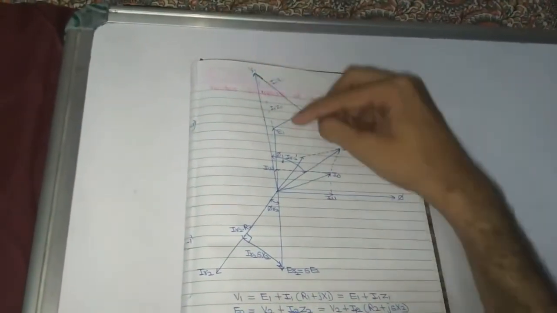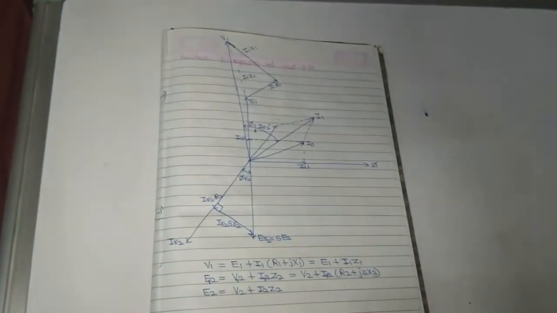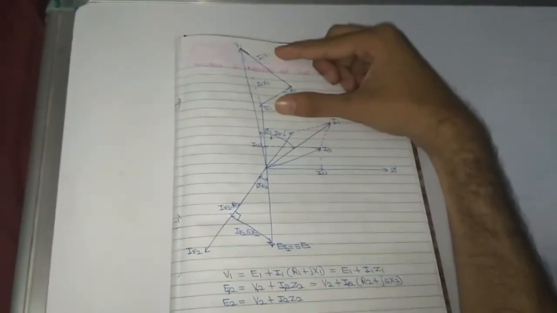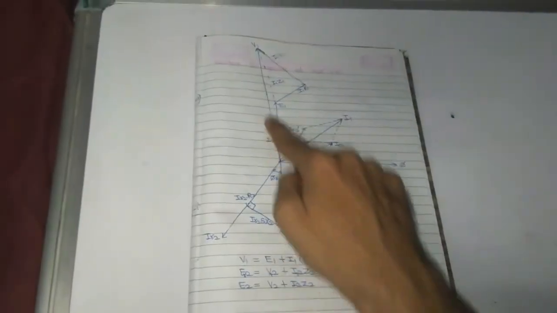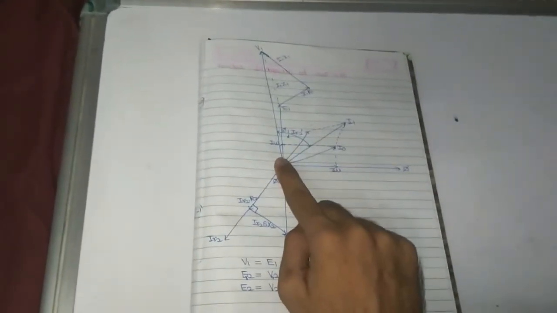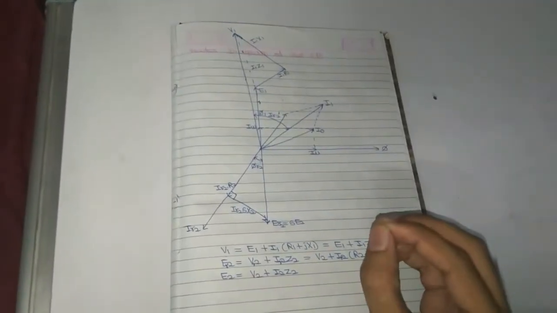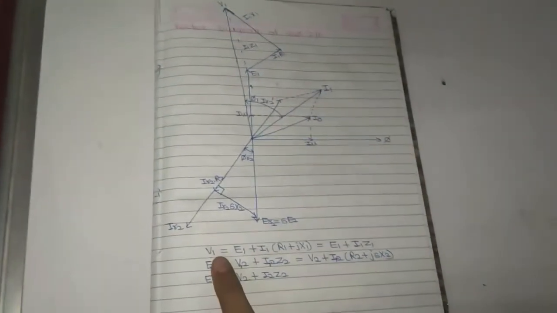So I1 R1 and I1 X1 are 90 degrees with respect to each other, and combining them gives I1 Z1. And this is V1, the voltage applied to the stator. So this is the complete phasor diagram, the vector diagram, of the three-phase induction motor.